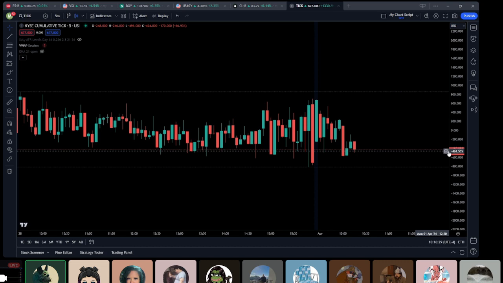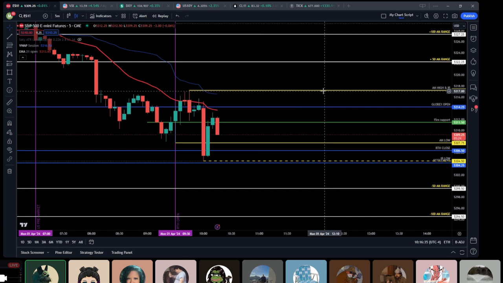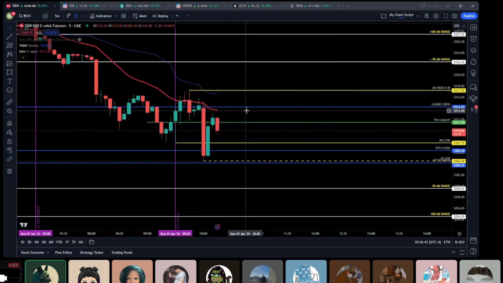And we're at minus 428. That means there's currently way more sellers than there is buyers right now. This 21 EMA and the Globex Open is being strongly defended by sellers.